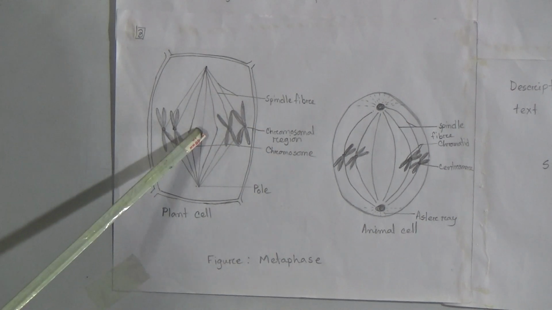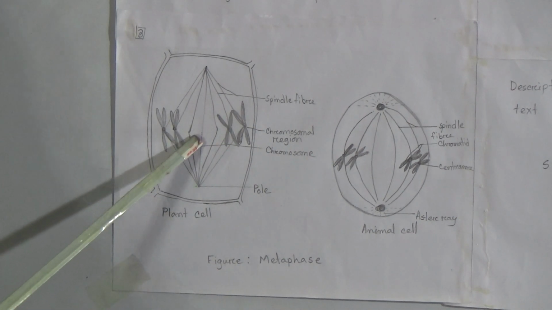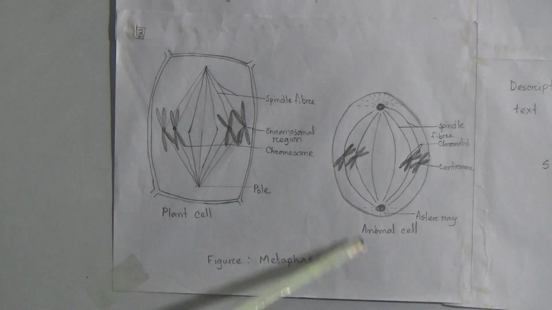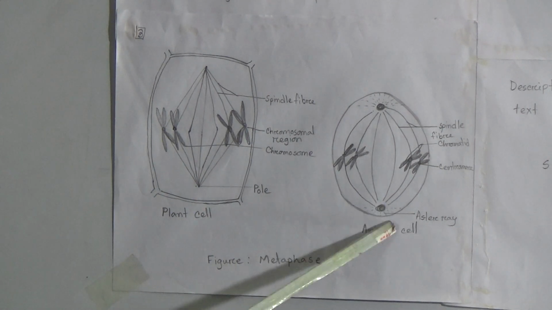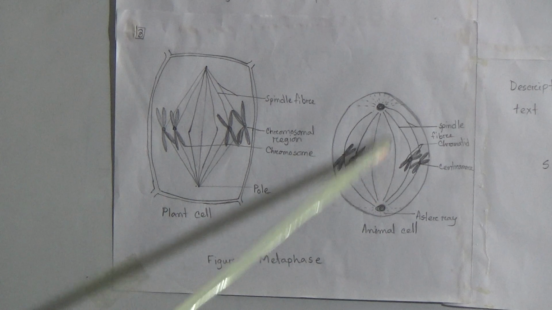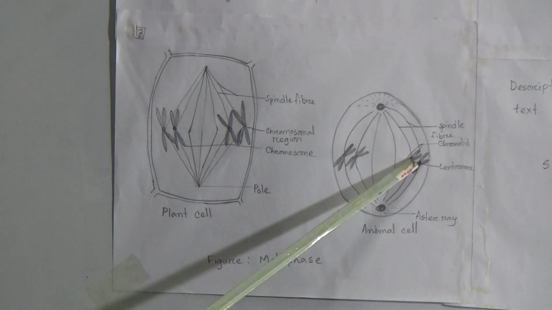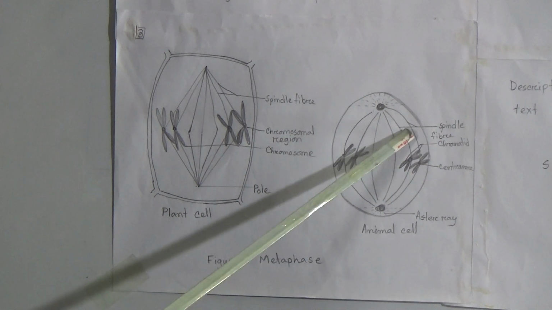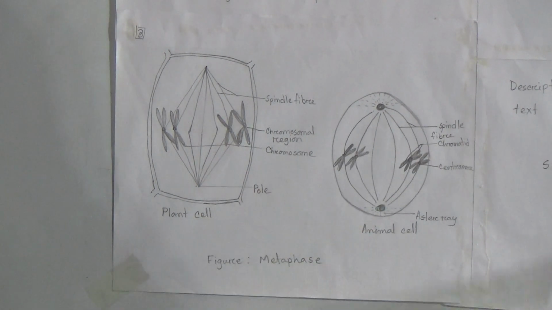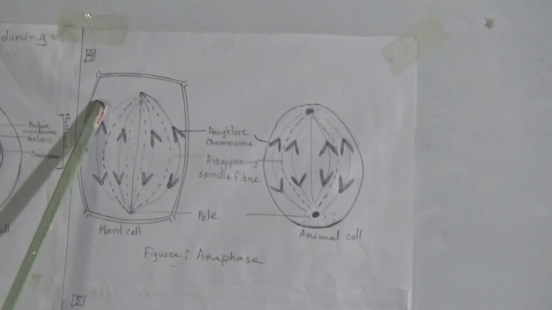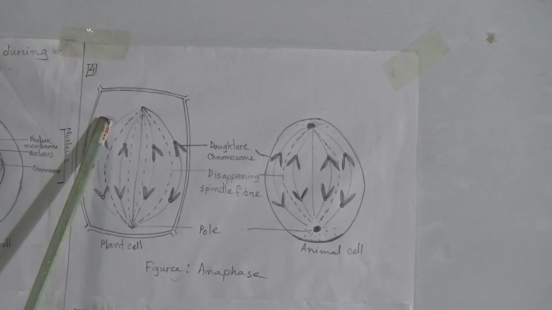The description is given in your book, so follow the textbook nicely for the description. This is the animal cell. There is an aster ray from the two centrioles. The aster ray is produced, and this part of the chromosome is known as chromatid, and this is the spindle fiber.